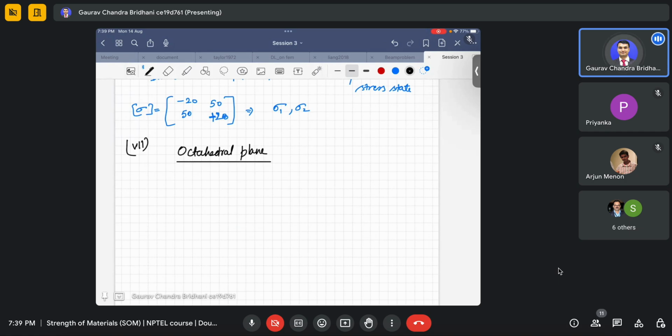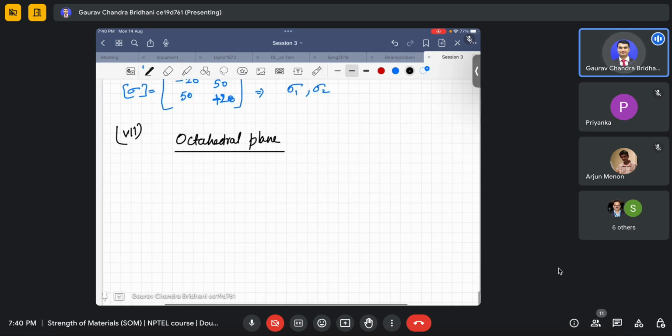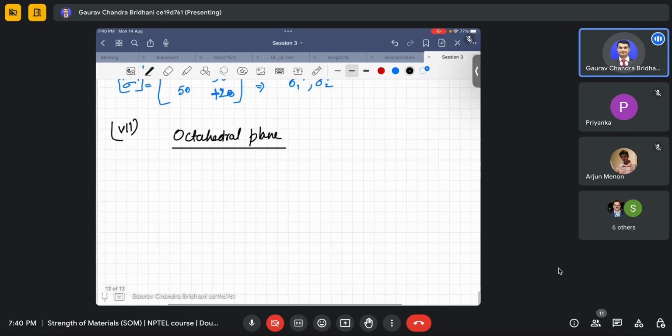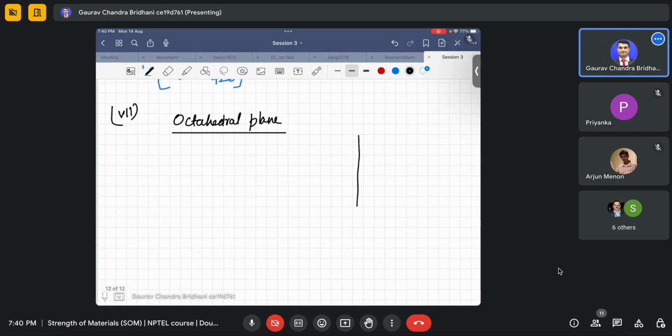As you have seen in the lecture also, if the directions are not the normal i, j, k or x, y, z, but are actually the directions of the principal planes, I'll represent this as n1, and these are vectors.